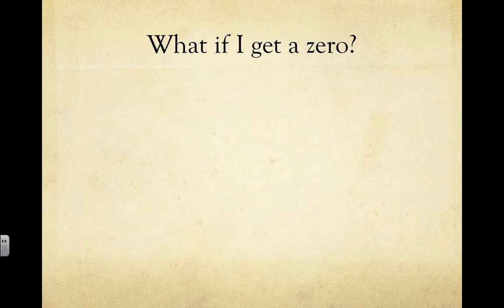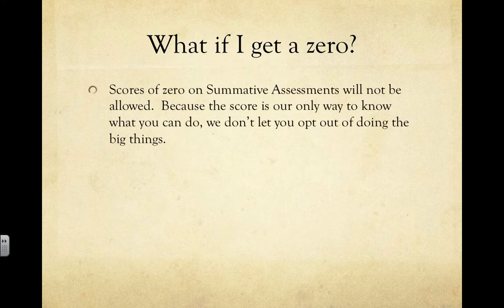What about zeros? It's important for students and parents to understand that at the middle schools, scores of zeros on summative assessments won't be accepted. Because we see these scores as so vitally important to understand how students have learned, we won't let kids opt out of the important stuff.